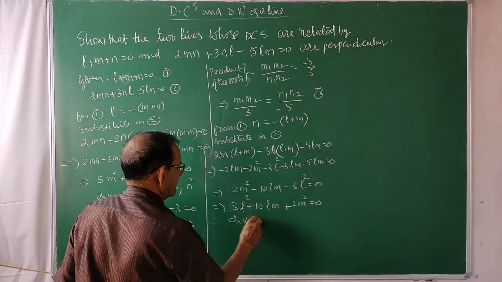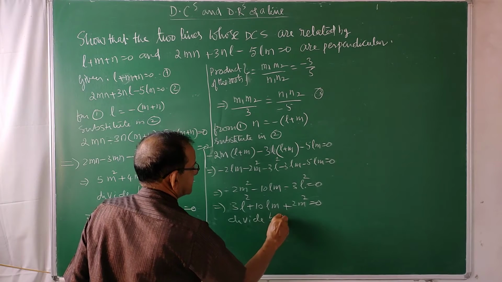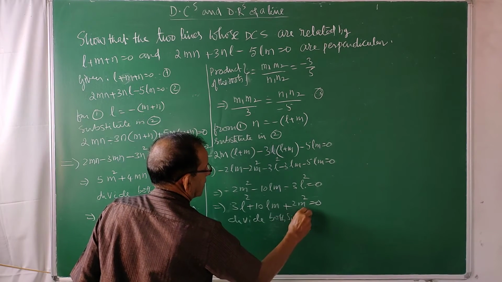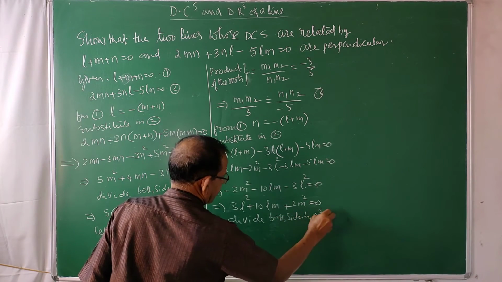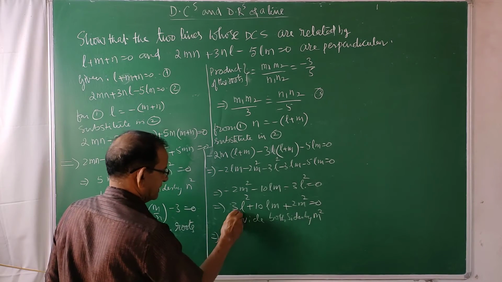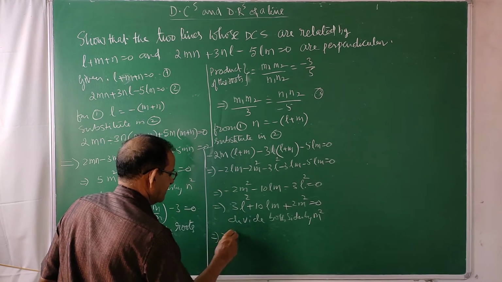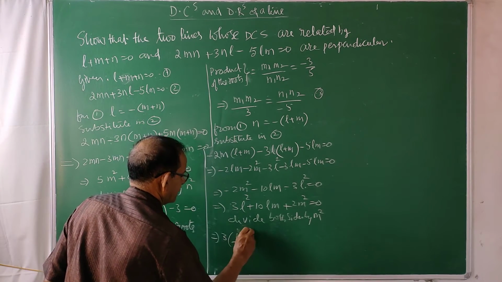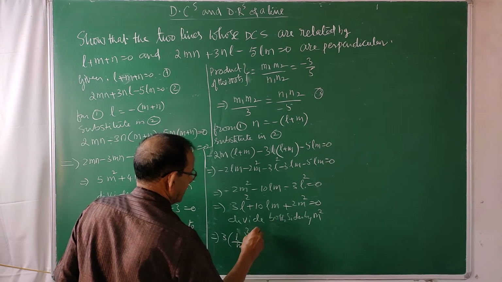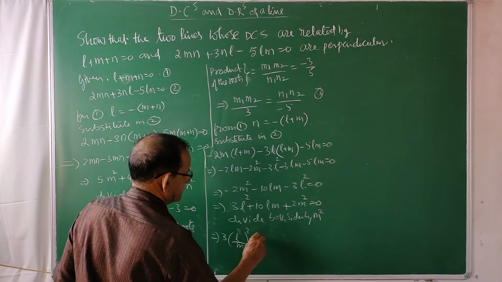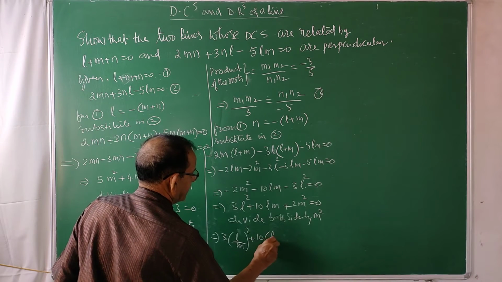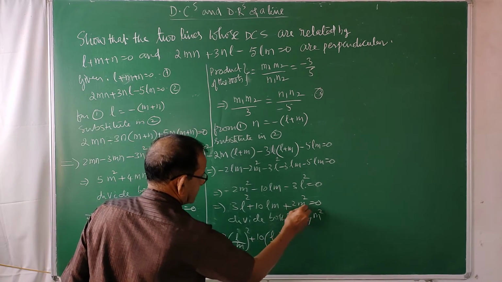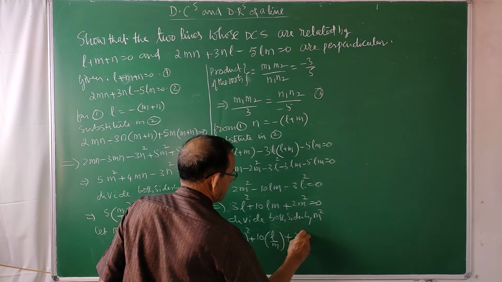Divide both sides by M square. That implies 3 into L square by M square, or L by M whole square, plus 10 Lm by M square. One M is cancelled: 10 into L by M, plus 2M square by M square, that is plus 2.